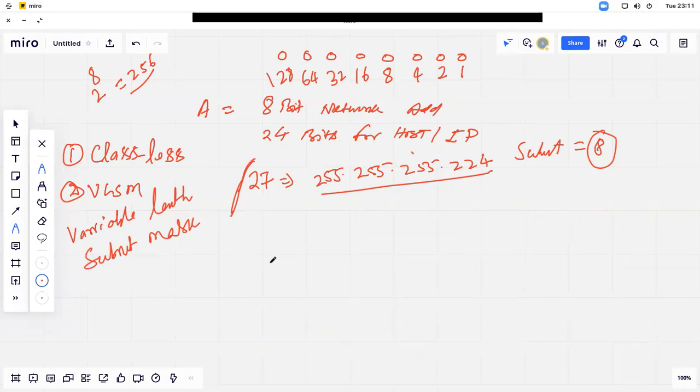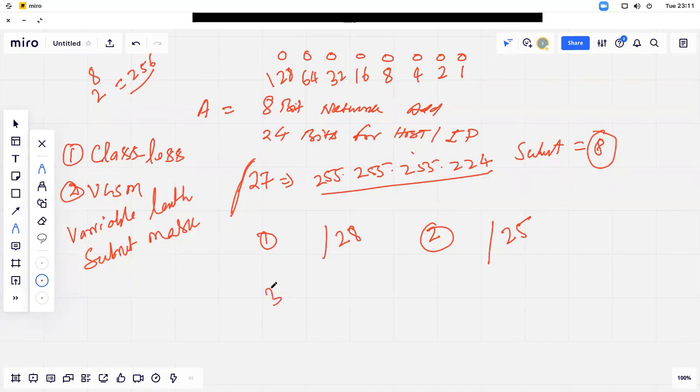Okay. So the first question you need to do is create a network address of /28. The second question is to create the network address of /25.